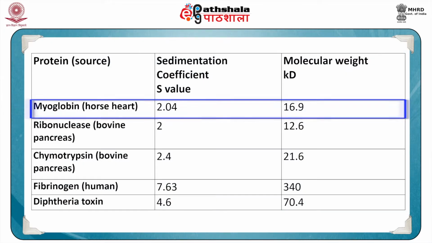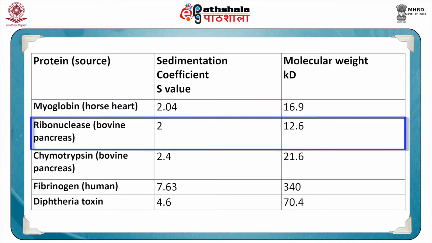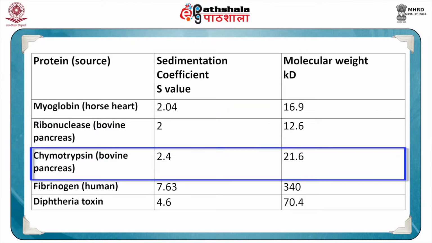Myoglobin has an S, or sedimentation coefficient, of 2.04 and a molecular weight of 16.9 kilodalton. Ribonuclease has an S value of 2 and a molecular weight of 12.6. Chymotrypsin has a sedimentation coefficient of 2.4 and a molecular weight of 21.6.